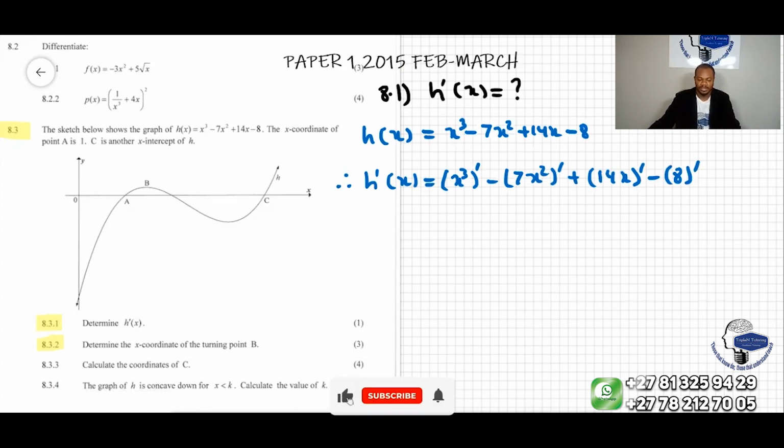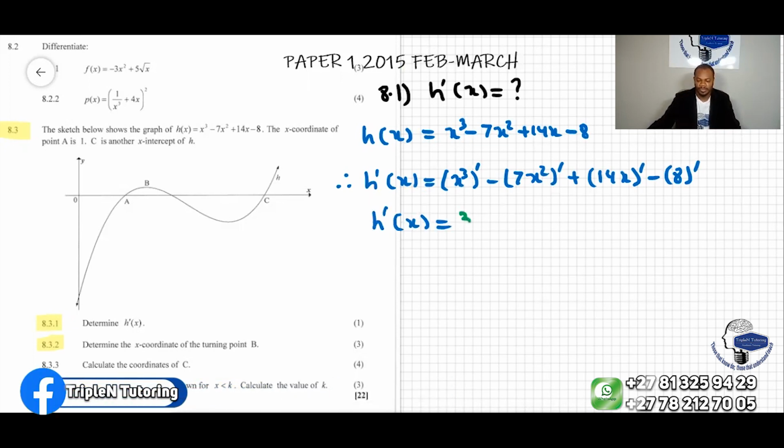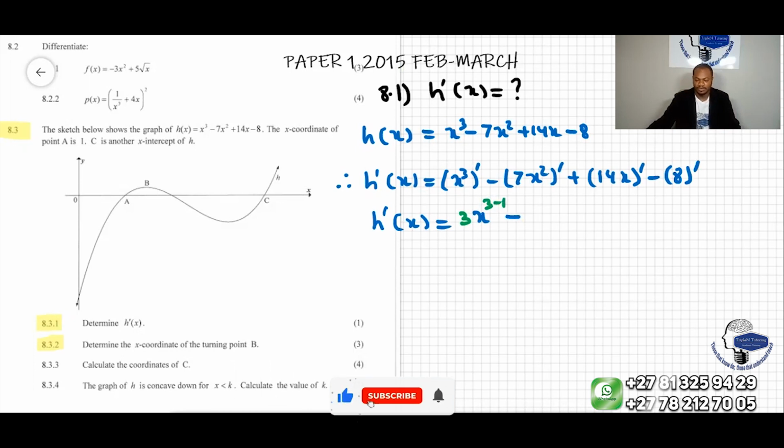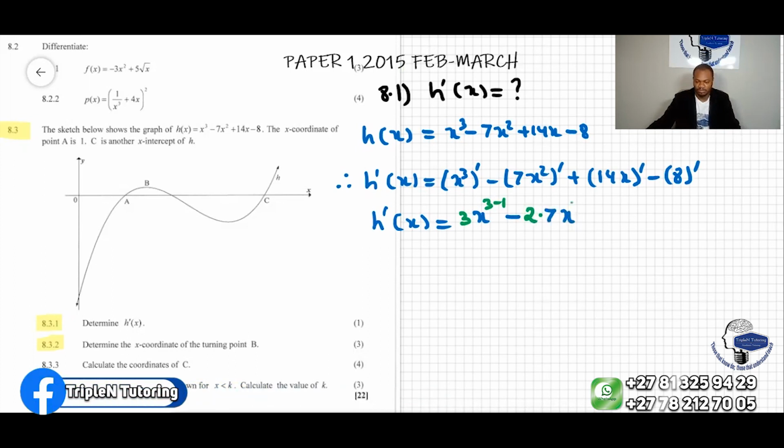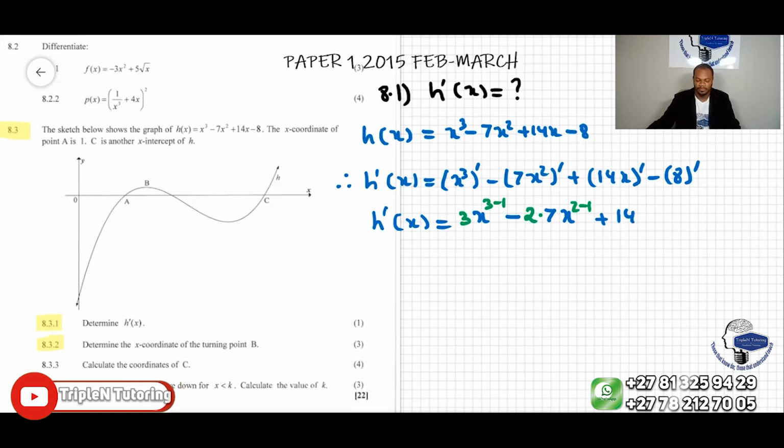Okay, and this makes h prime of x equal to 3x to the power 3 minus 1, I mean, 3 minus 1, minus 2 times 7x to the power 2 minus 1, plus 14 x to the power 0.